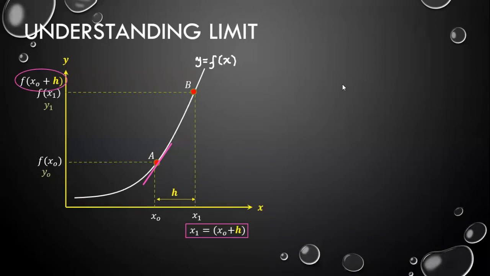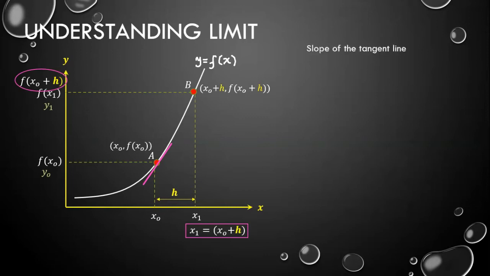Now we have the coordinate of A is (x0, f(x0)), and the coordinate of B is (x0 plus h, f(x0 plus h)). That's very clear. That's very easy, right?